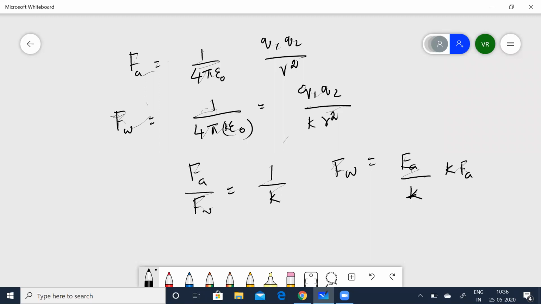So I am dividing these two, and everything will get cancelled.